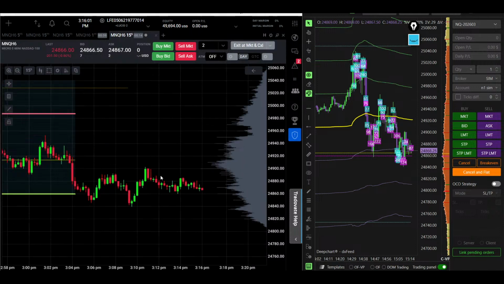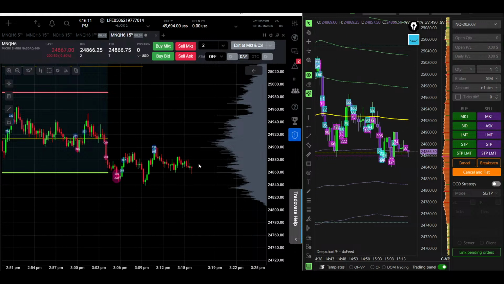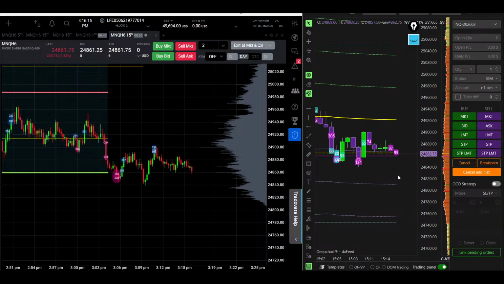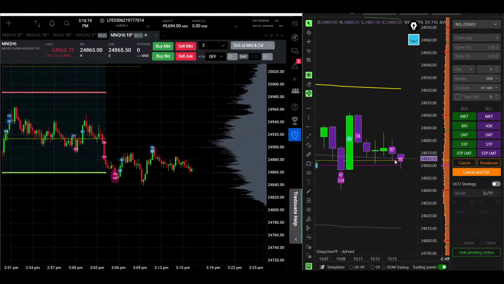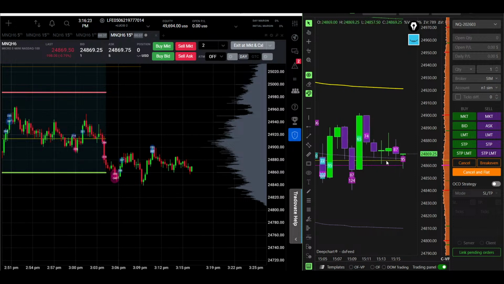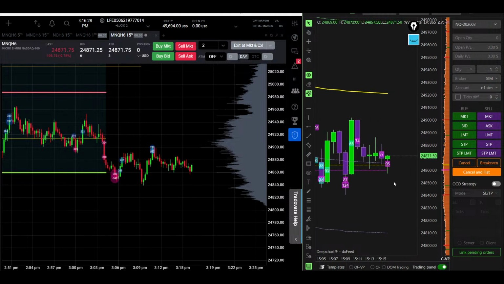Seconds. Yeah, I need to enter now. This bar needs to close below here. And on deep charts I have bubbles as well here. I have these lines here, VWAP lines. You can't get through them.